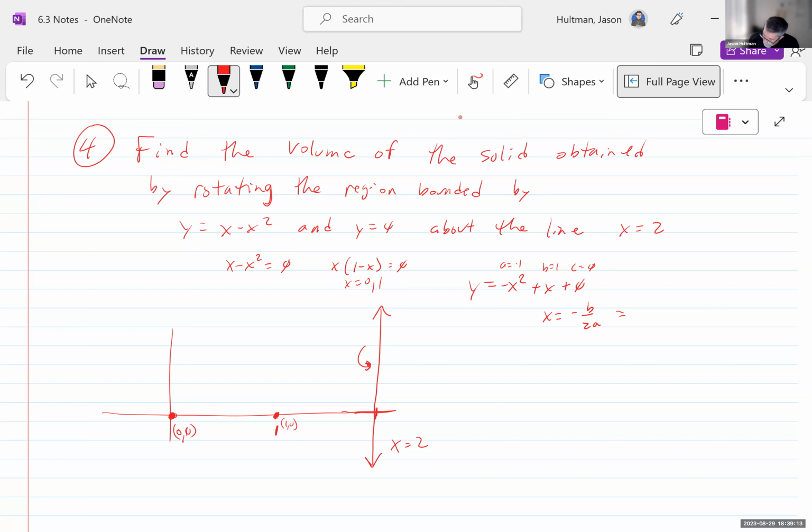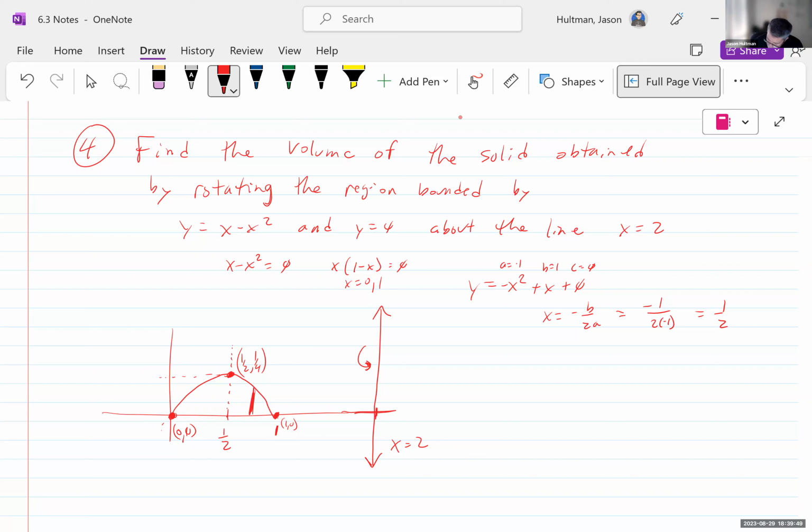We get negative 1 over 2 times negative 1, which is 1/2. So the vertex would be at x equals 1/2, and we'd end up with 1/2 minus 1/4, so up 1/4. So 1/2, 1/4 would be our parabola.